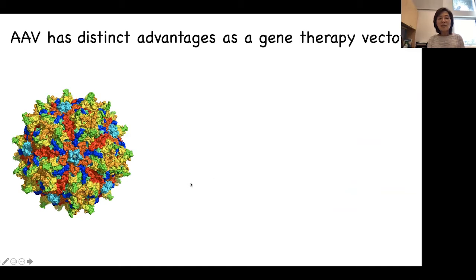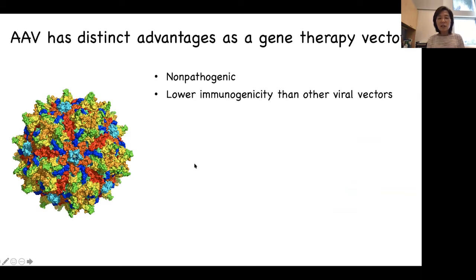And then AAV. AAV has advantages as a gene therapy vector. It is one of the most sought after viral gene therapy vectors because it's non-pathogenic and it has low immunogenicity. And it does not integrate, but not zero. So it integrates once in a while, but with extremely low frequency.